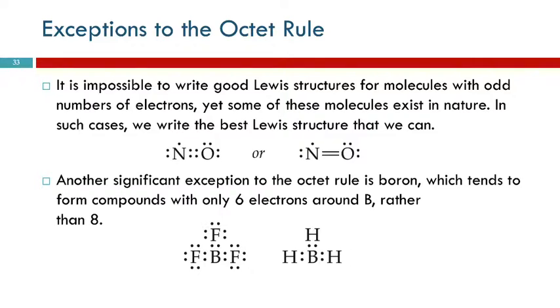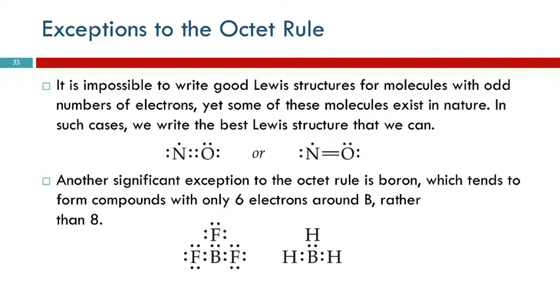Another exception is boron. Boron is one of those little guys. He's element number 5. Lithium and beryllium, lithium especially is a metal, and so it's going to form ions, and so we're not going to run into too much trouble with him. Beryllium's kind of weird, and boron is also one of the little guys.